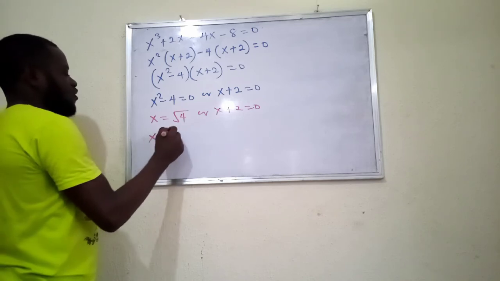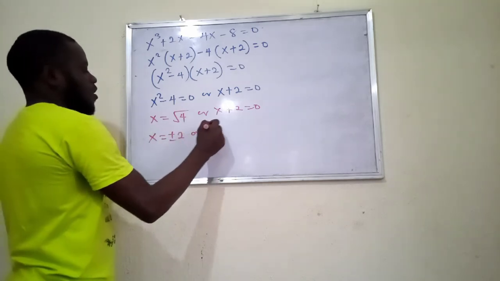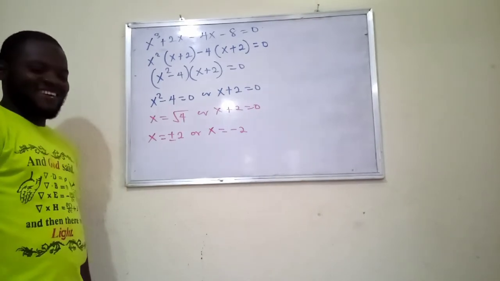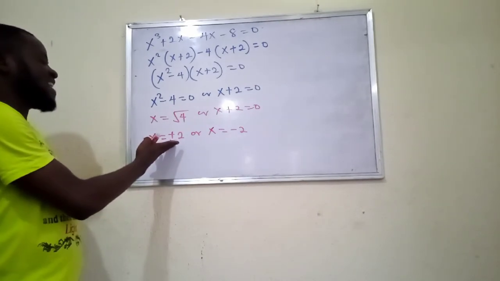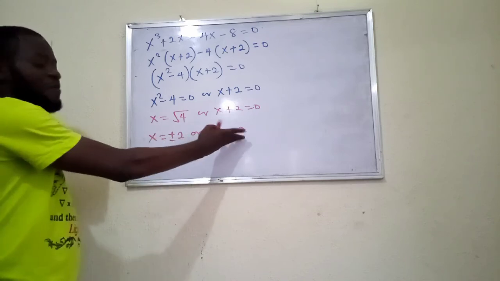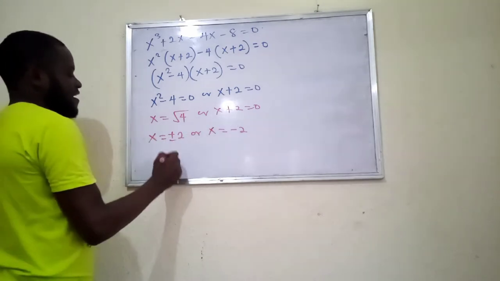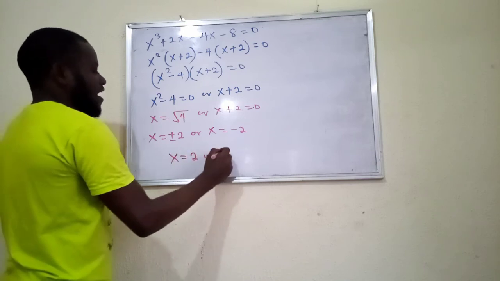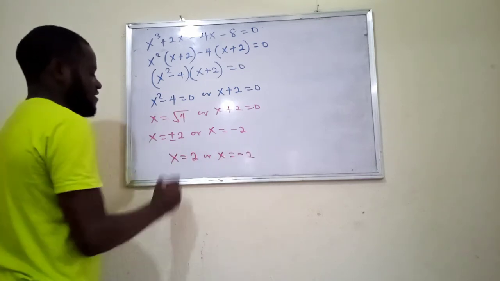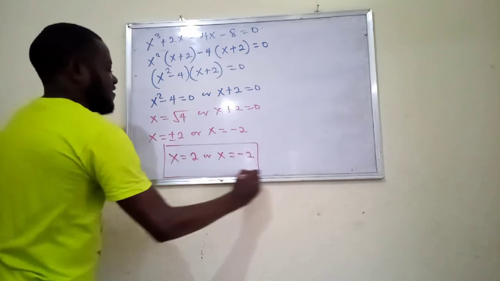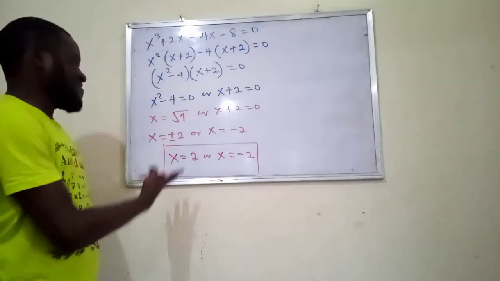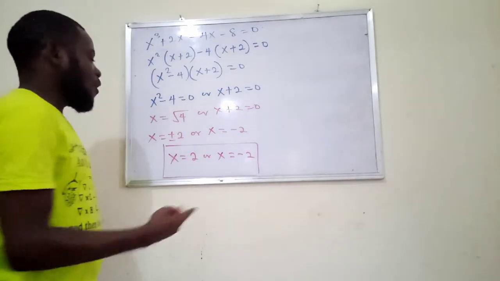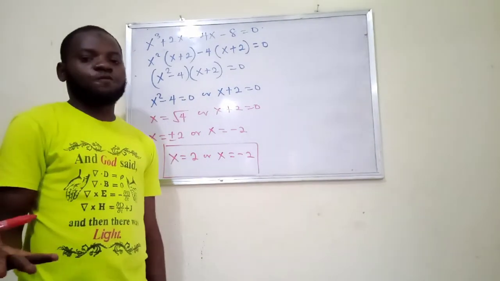So x should become plus or minus 2, or x should become minus 2. Okay, there's no point in picking the negative 2 in this place because we already have it here. So I can see x is then equal to 2, or x is negative 2. Interesting. And this will be the value of x: you take x to be positive 2 or you take x to be negative 2.